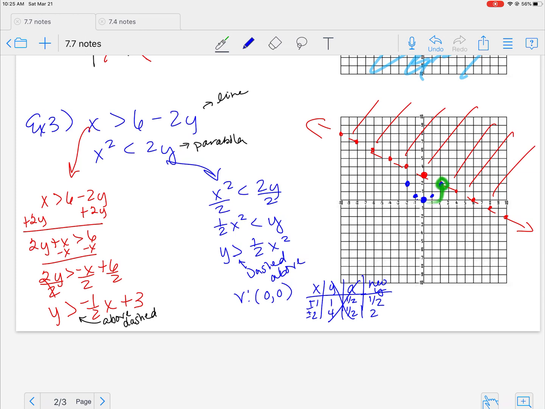But in my math lab, they typically do things that are on the actual grid because that's how computers work. Here, just do this value and do this value, and it'll graph it for you. Do you see what I'm saying? Okay, so this is dashed. And I'm shading above.